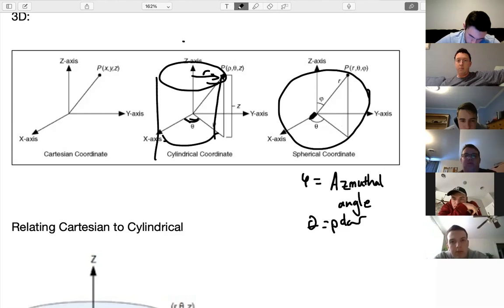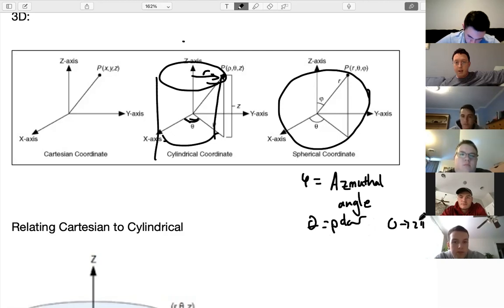I will do it this way, where I will have theta going from the x-axis, and I will always do that. Theta lives from 0 to 2 pi, whereas the azimuthal angle lives from 0 to pi.